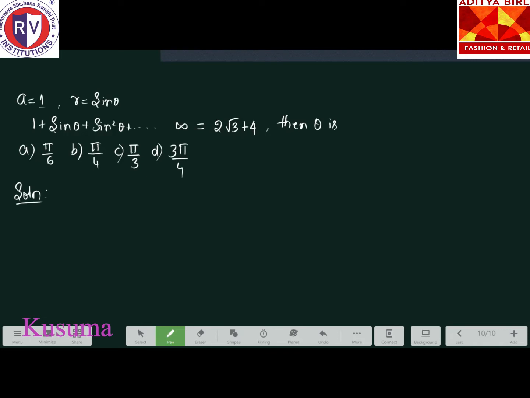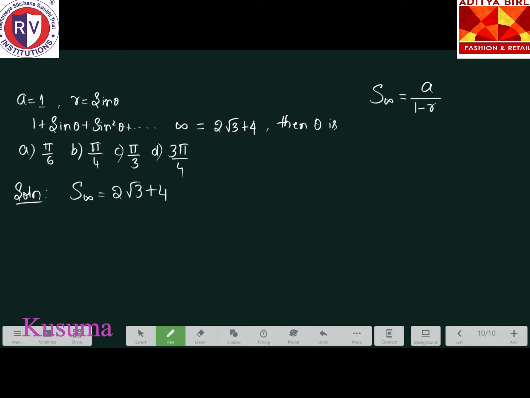So here what is given to you is S infinity, given as 2 root 3 plus 4. So what is the formula to find the sum of an infinite series? S infinity is given by A by 1 minus R, where A is the first term of the series and R is the common ratio.